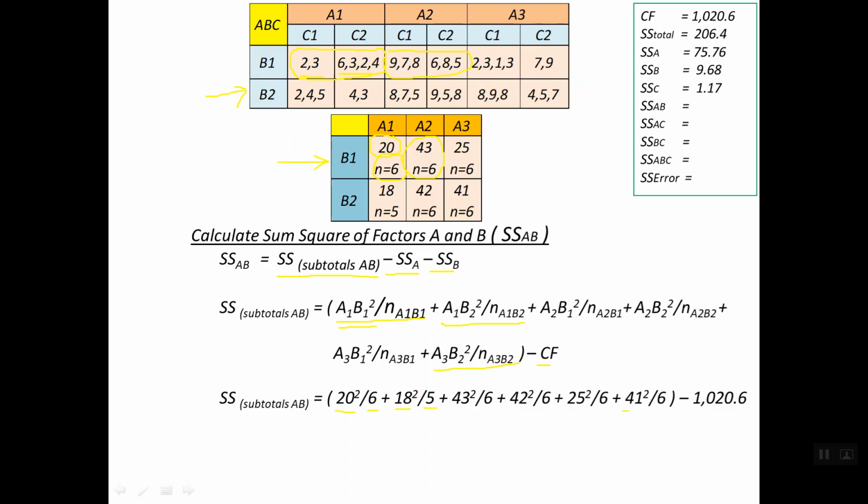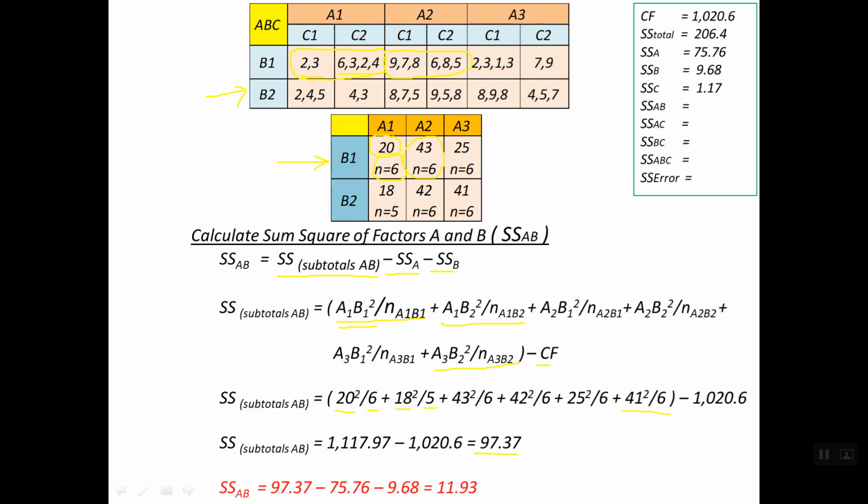And finally here we have the 41, which is the sum of A3, B2, we square it, and the number of observations is equal to 6. And finally we subtract the correction factor. So the value of the SS for the subtotal is simply 97.37.